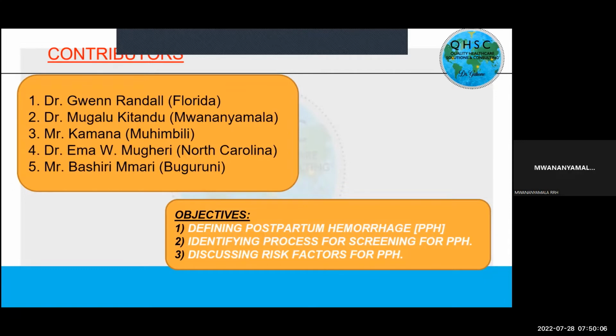The uterotonic that we usually use is misoprostol, apart from the oxytocin that we use for the management of third stage of labor. We order misoprostol, and misoprostol is there on standby. We also order tranexamic acid in case the patient develops any coagulation issues.